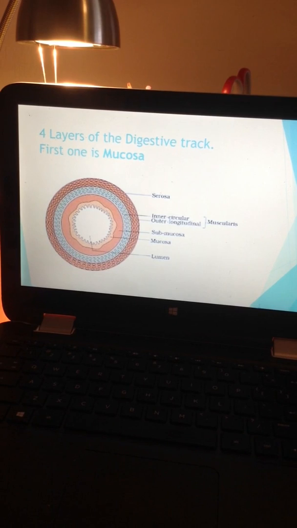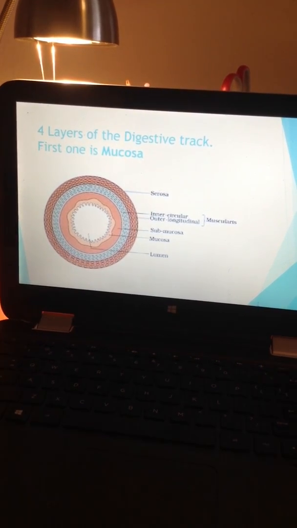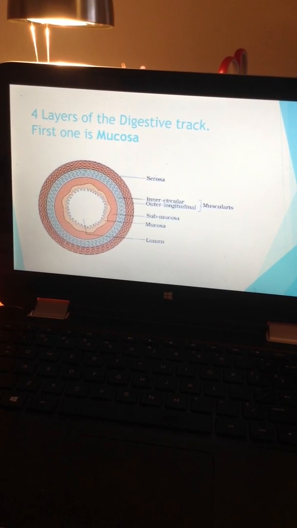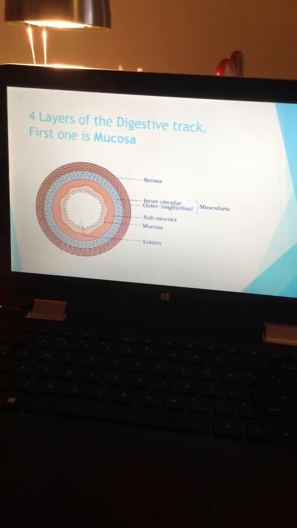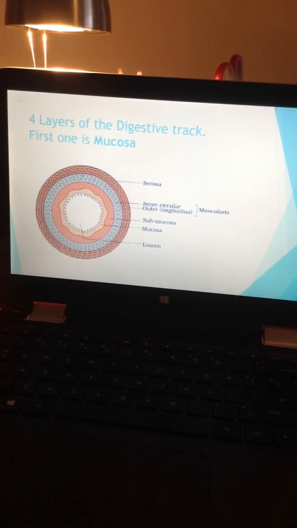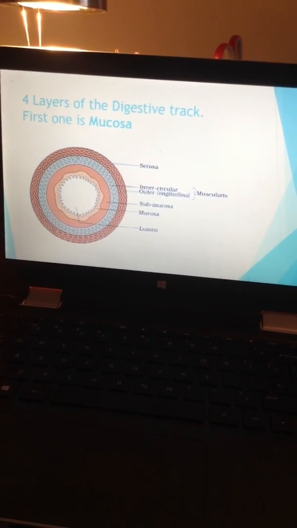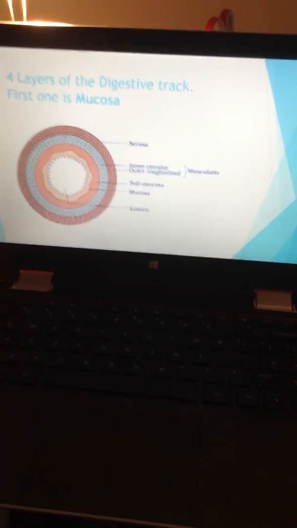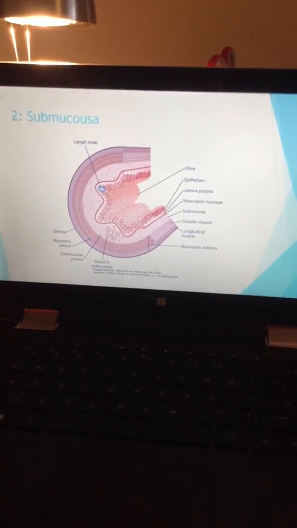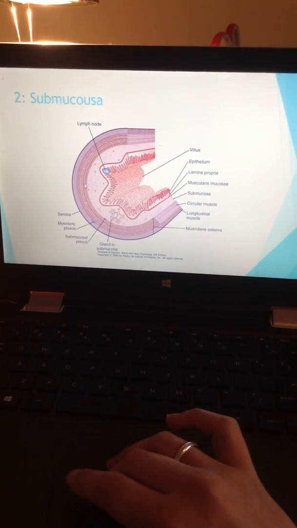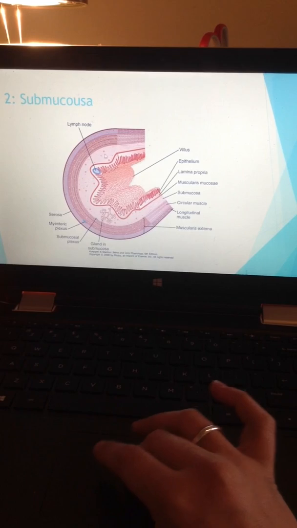The lamina propria is rich in lymph tissues and vessels, capillaries, and nerve fibers. Folds and ridges of the mucosa are a result of the contraction of the muscularis mucosa. So that's the mucosa.